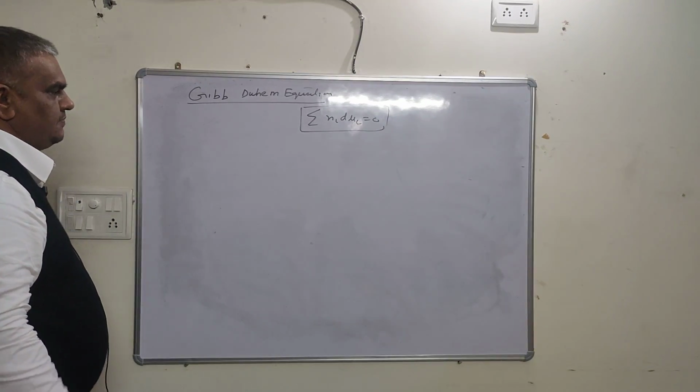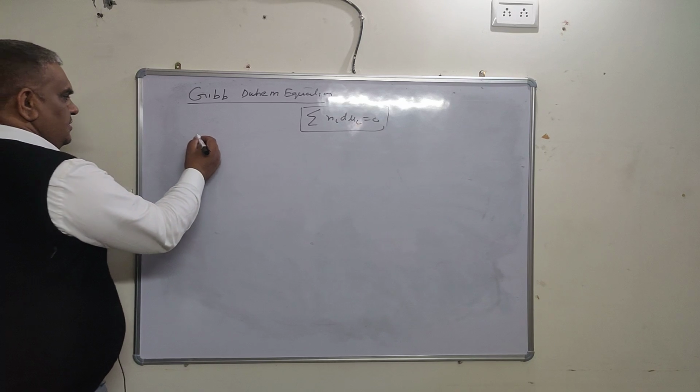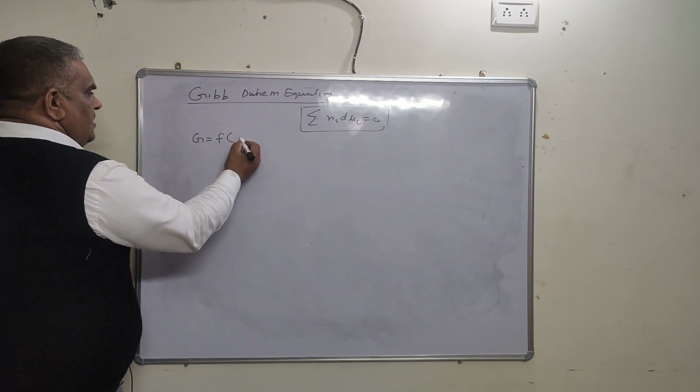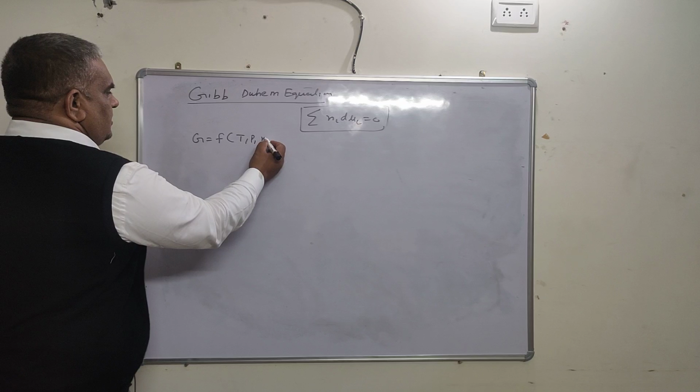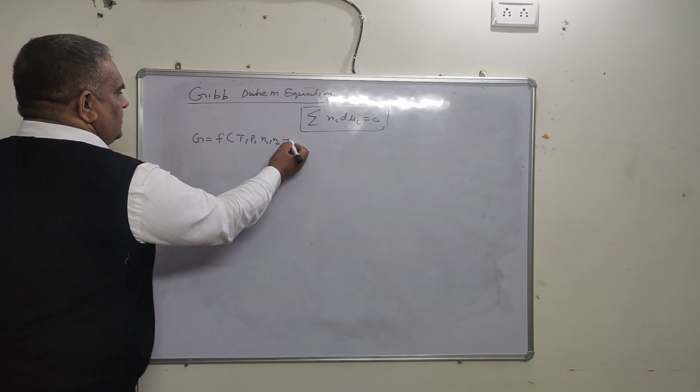Consider the free energy as an extensive property. G is a function of temperature, pressure and the composition of the system.